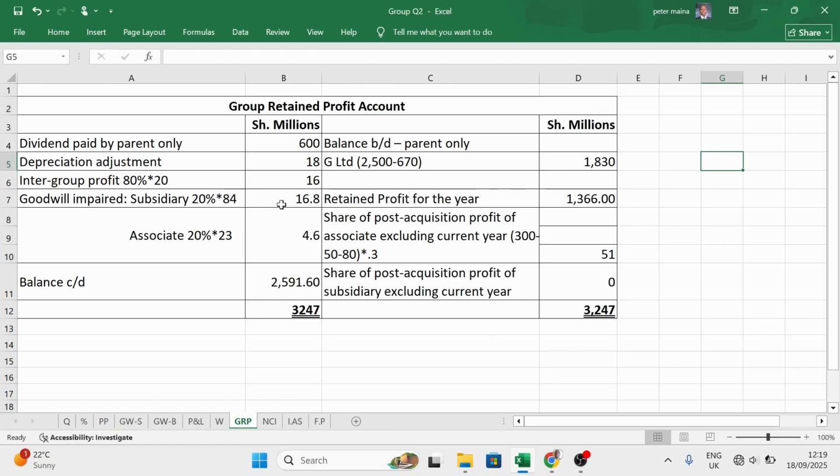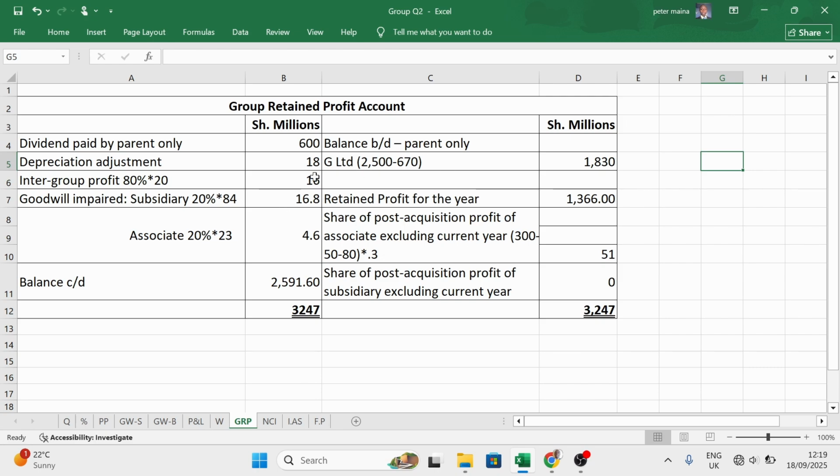So that is how we got this 16. And then we have goodwill impaired in subsidiary as well as in associate. So we had done these workings. In subsidiary, the goodwill was 84, so we took 20%. In associate, the goodwill was 23, so we took 20%. So the goodwill impaired is going to be recorded here.